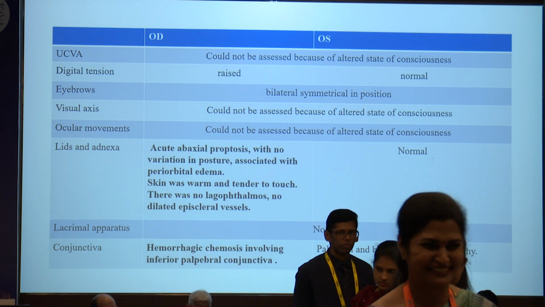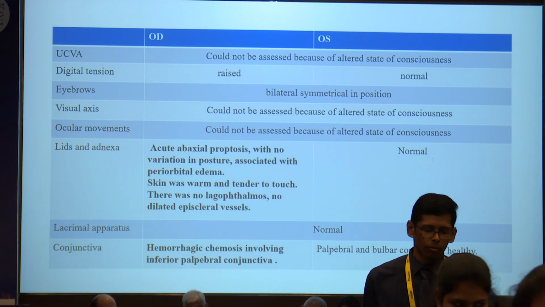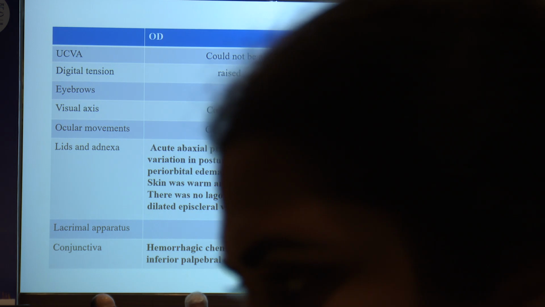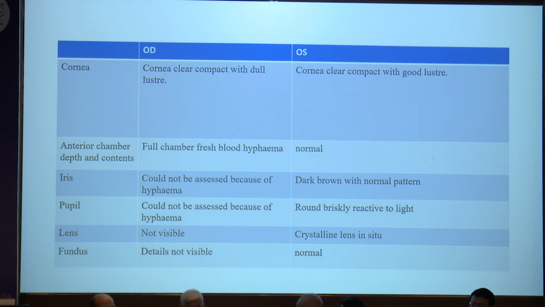Skin was warm and tender to touch. There was no lagophthalmos and no dilated episcleral vessels. Hemorrhagic chemosis involving the inferior palpebral conjunctiva was present in the right eye; the left eye was normal. Details of the pupil, lens and fundus were not visible because of full blood, fresh blood hyphema in the right eye, and the cornea had a dull luster.